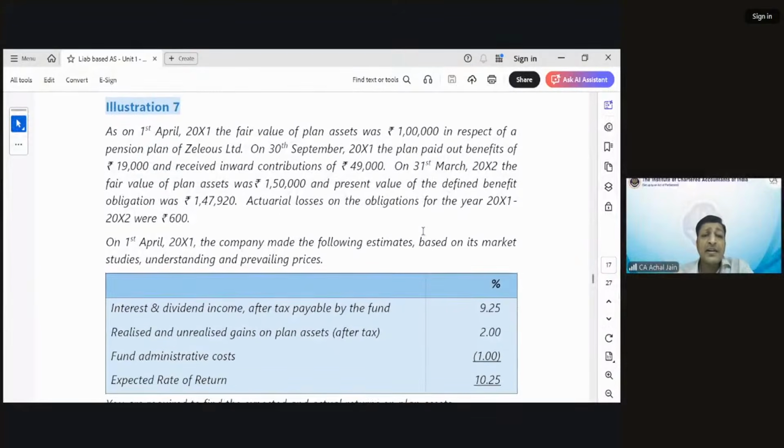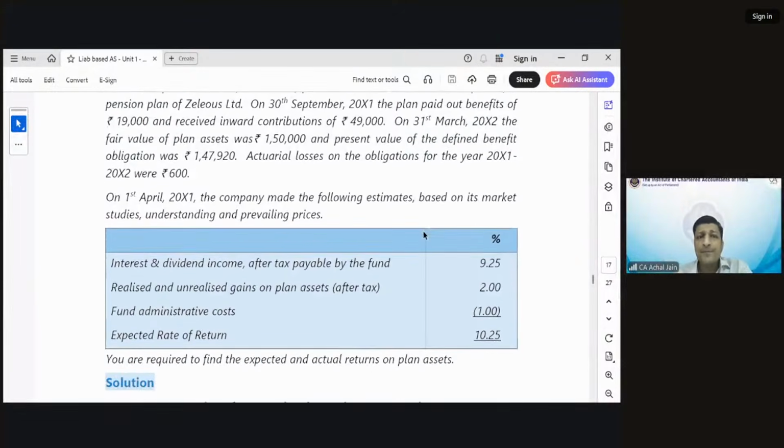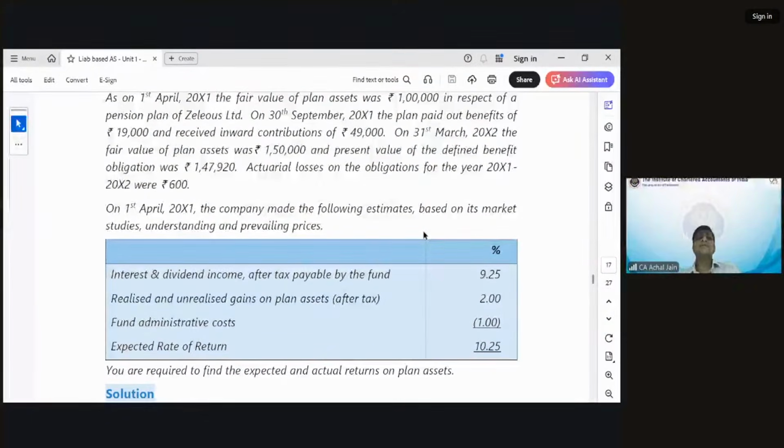On 1st April X1, the company made the following estimates. Again, we are looking at the beginning of the year. These estimates were made based on its market studies, understanding, and prevailing prices. So what were the estimates?